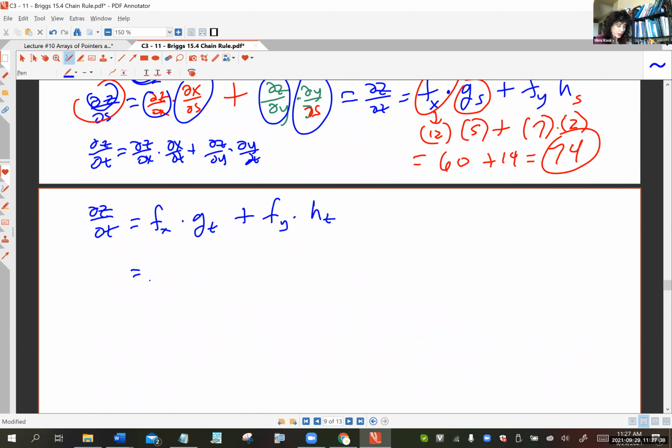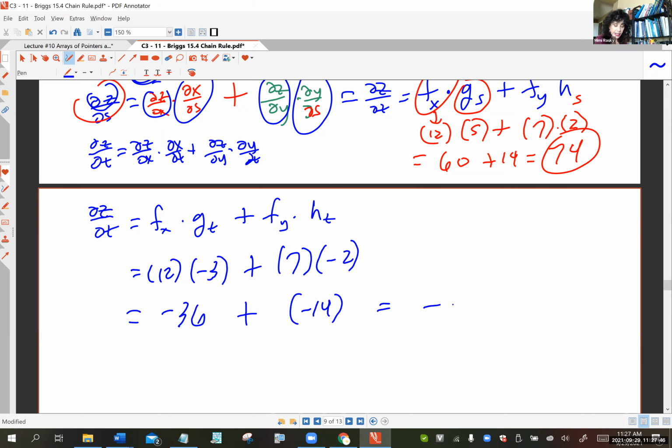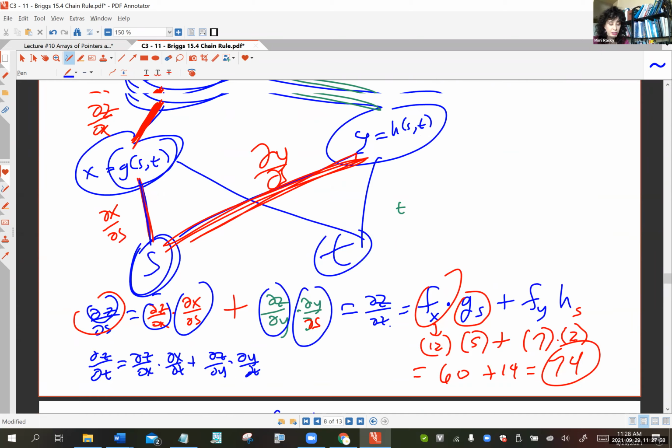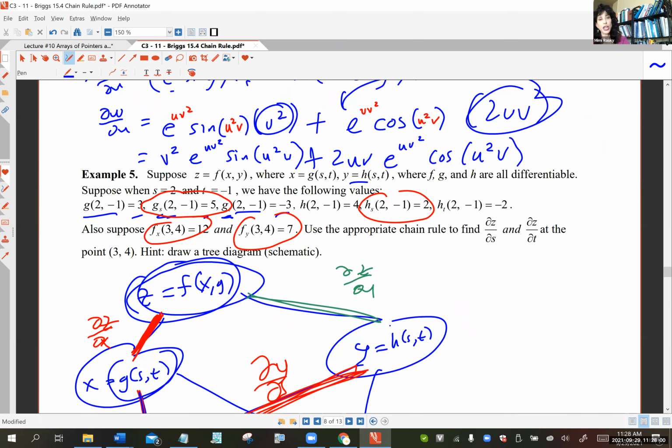So this is going to look like 12 times negative 3 plus 7 times negative 2. I get negative 36 plus negative 14, and I get negative 50. And we're done with this problem. So what's the point? The point is very cool. And that is, look, you didn't have to do any partials here, but the powerful chain rule is used. And so if you know your chain rule, you're going to be fine. And if you get that some of these functions are going by other names, you're fine.